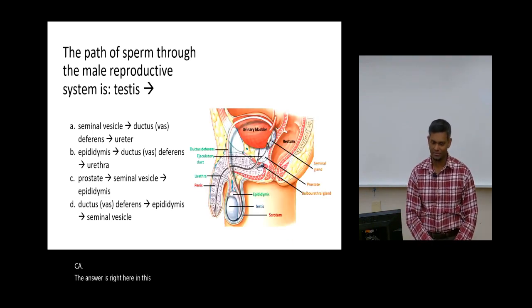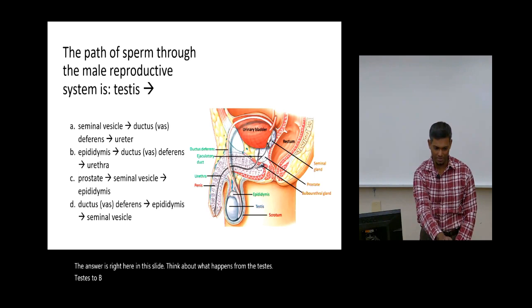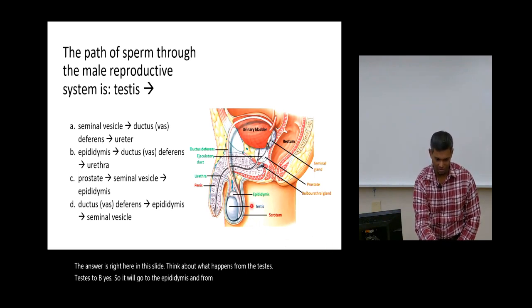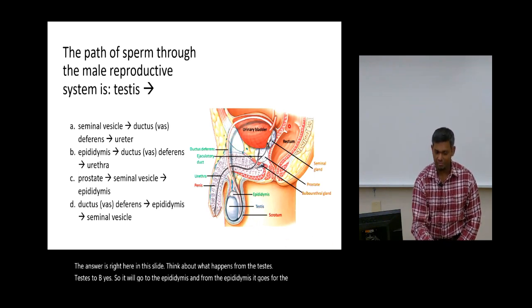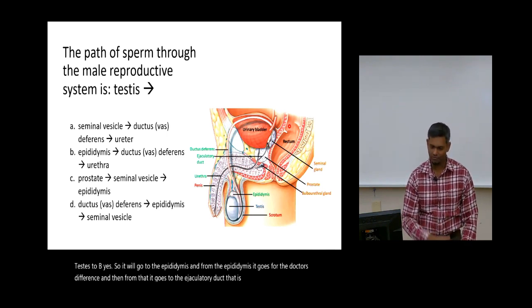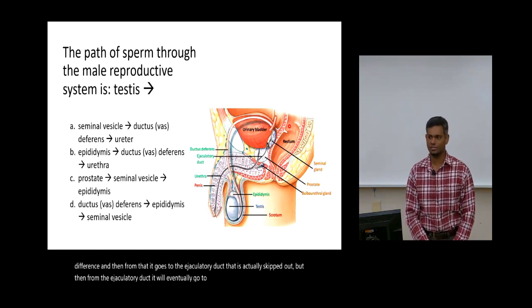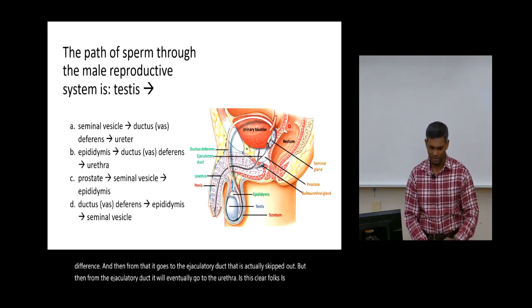Think about what happens from the testes. Testes to B, yes. So it will go to the epididymis, and from the epididymis it goes to the ductus deferens, and then from there it goes to the ejaculatory duct. That is actually skipped out, but then from the ejaculatory duct it will eventually go to the urethra. Is this clear, folks? This is a straightforward anatomy question, right?